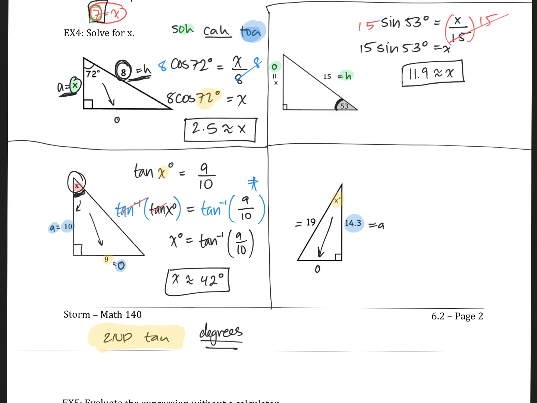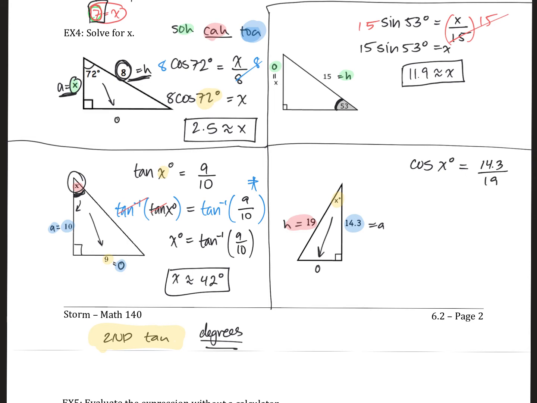And then we're also given the hypotenuse, which is 19. So which trig function has to do with adjacent and hypotenuse? Well, that trig function is cosine. So cosine of the value we don't know is equal to adjacent over hypotenuse.